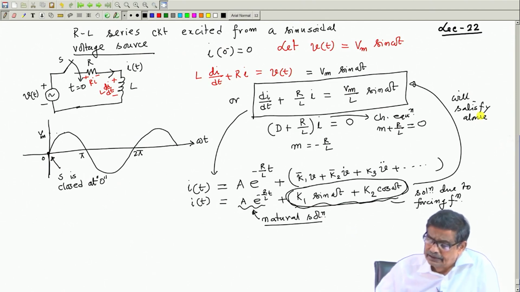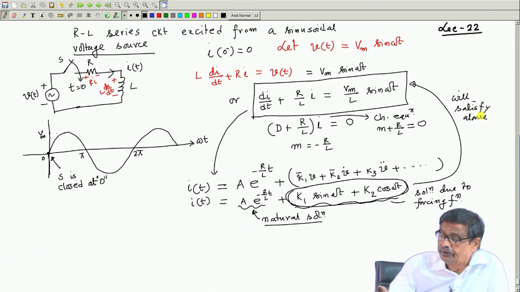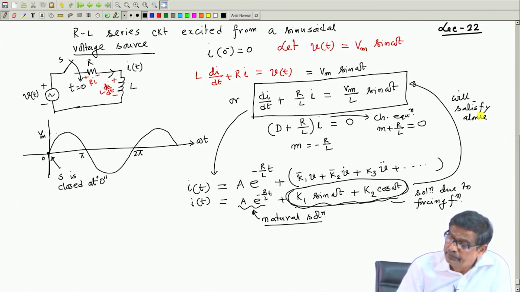So, I can very well say the forced part alone will also satisfy that. That is the key of this whole thing. So, I will put this here.